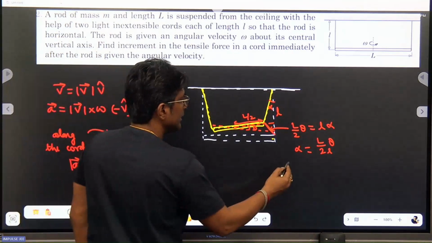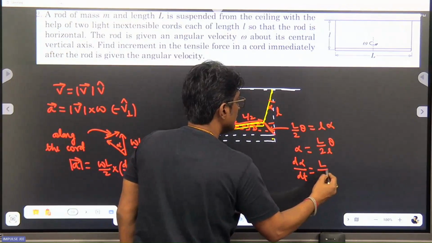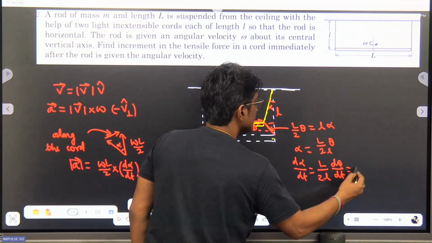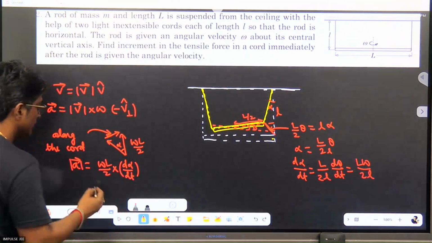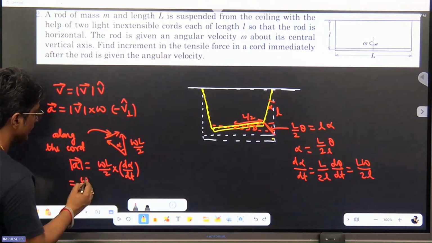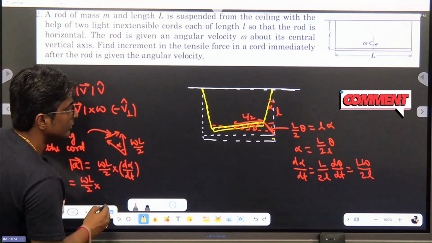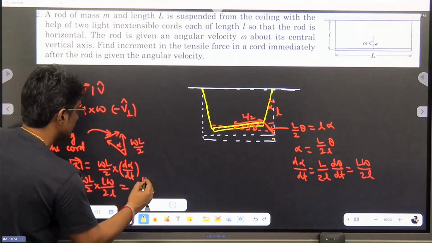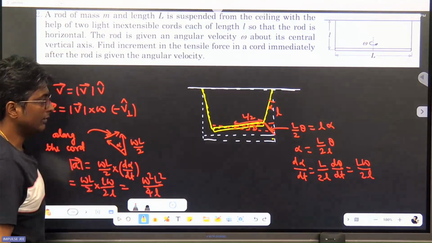If we find the rate of change of this angle, this will be this times d theta by dt, which is given as omega. So this is nothing but omega L by 2 times omega by 2, which is coming omega square L by 4.